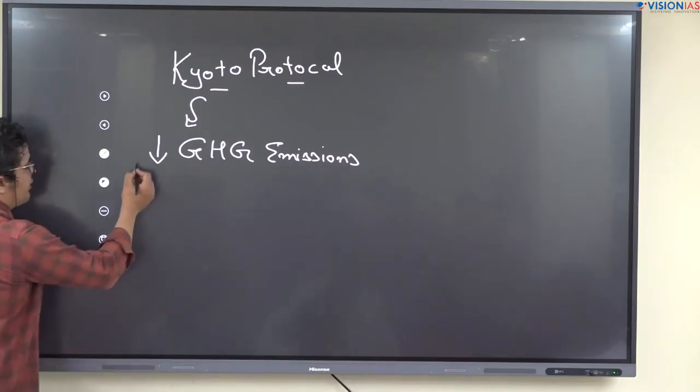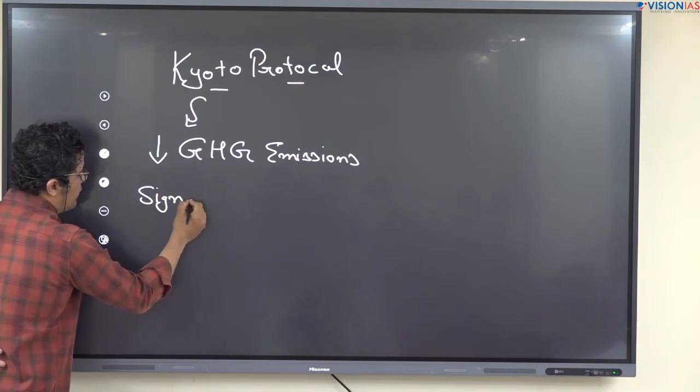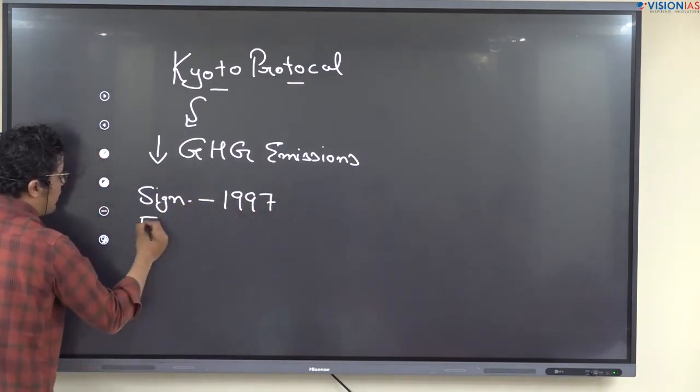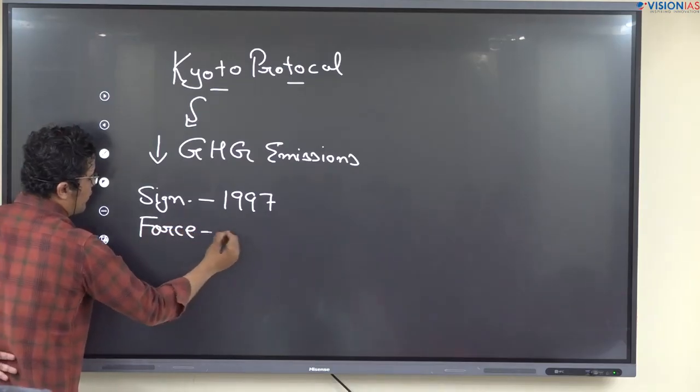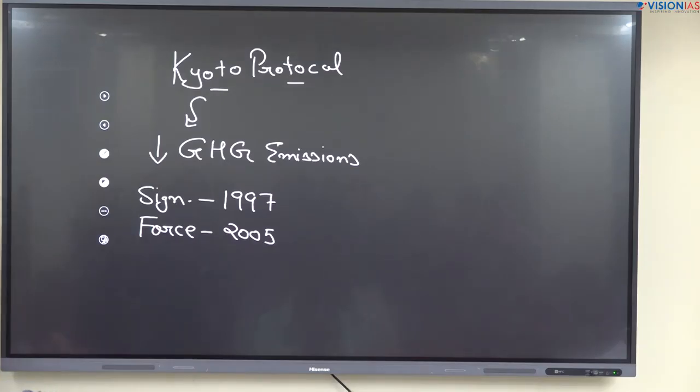You have studied its history. Kyoto Protocol was signed in which year? 1997. Which year did it come into force? This is what you have read just now. It was signed in 97 and came into force in 2005.